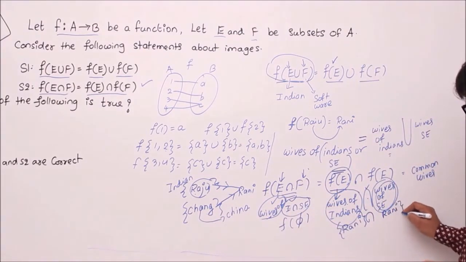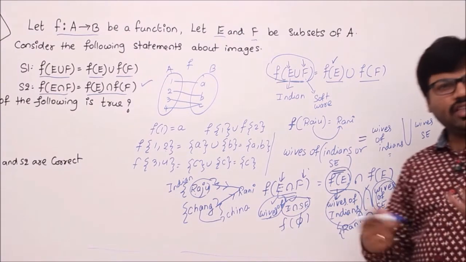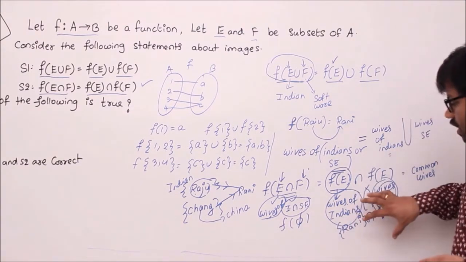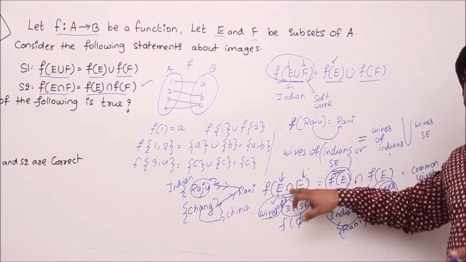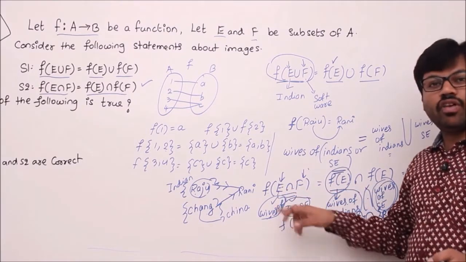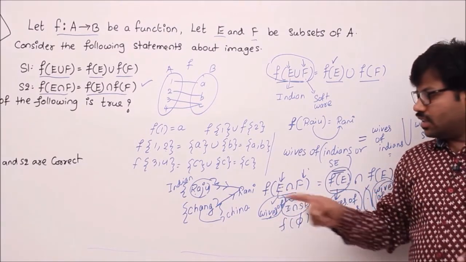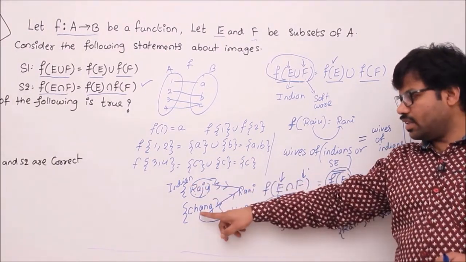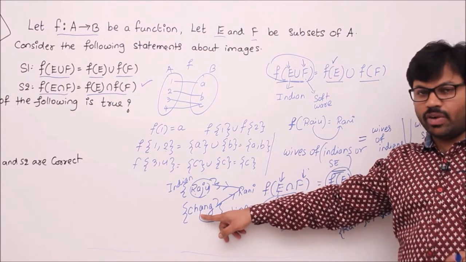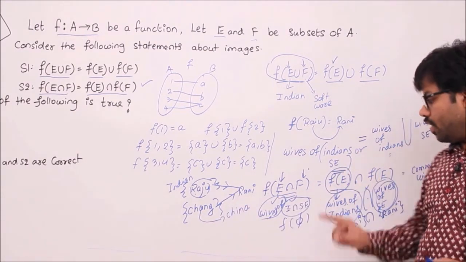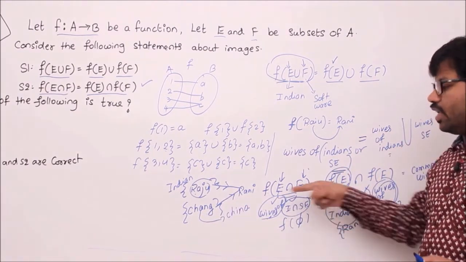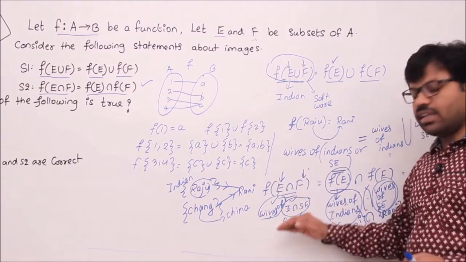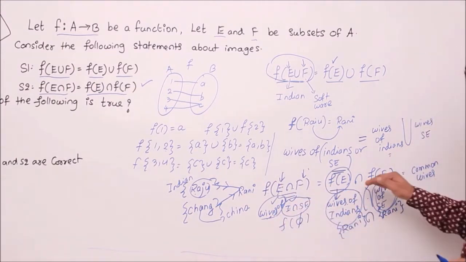Since she is a common wife, definitely she will come in the result. Understand? But why is she not coming in this result? Because she is not the wife of an Indian software engineer. She is a wife of an Indian and at the same time a Chinese person. But she is not a wife of an Indian software engineer. That's why she is not there on the left side, but she will be on the right side.